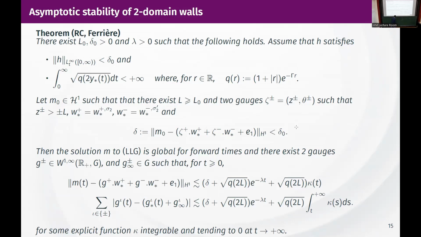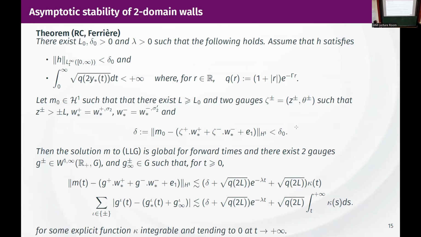And the idea is that you will have one domain wall going that way and the other one going that way. So of course, if you start near this, when they're already well separated, and if your magnetic field will make them go away, then you expect that this is a stable structure. And this is what we prove.